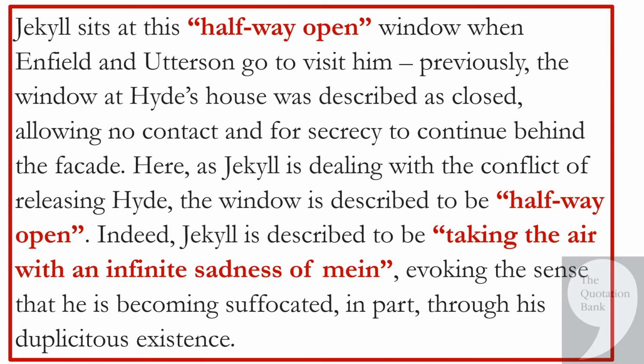Jekyll sits at this halfway open window when Enfield and Utterson go to visit him. Previously the window at Hyde's house was described as closed, allowing no contact and for secrecy to continue behind the facade. Here, as Jekyll is dealing with the conflict of releasing Hyde, the window is described to be halfway open.